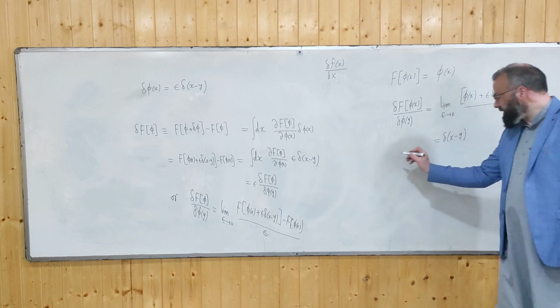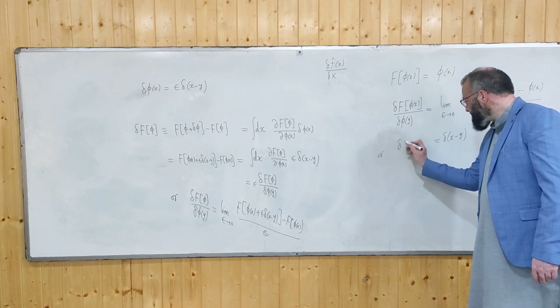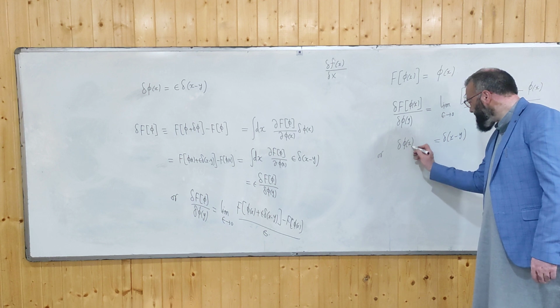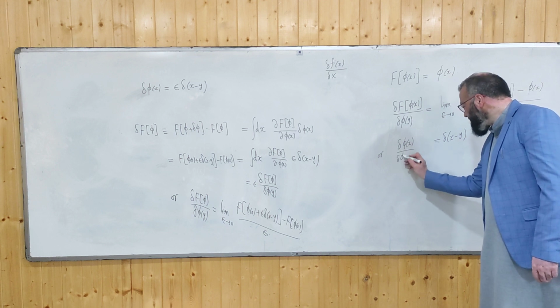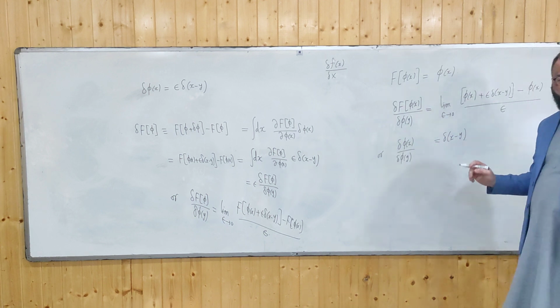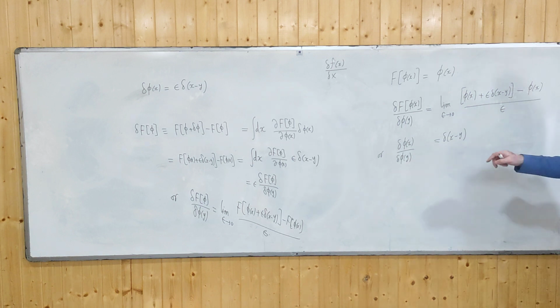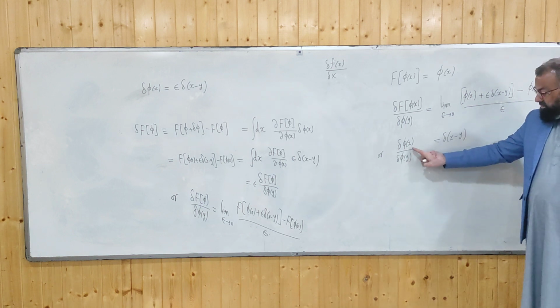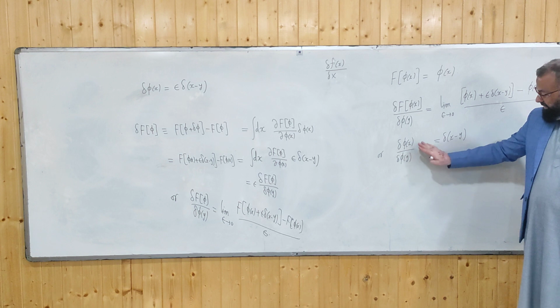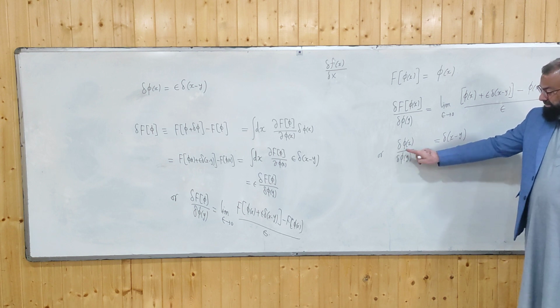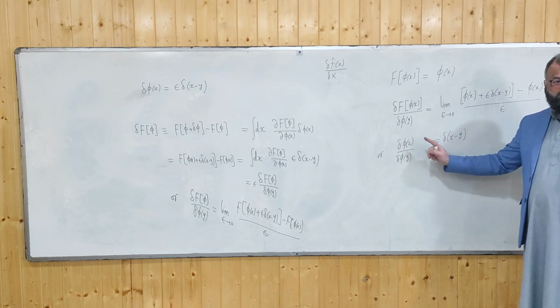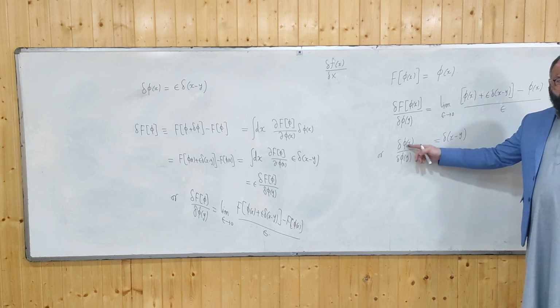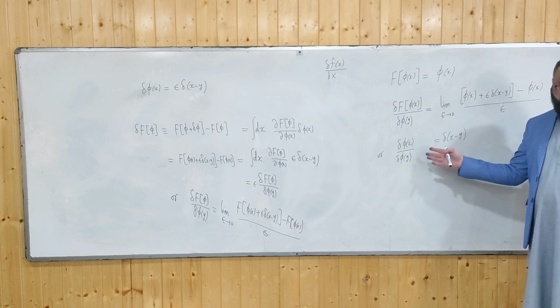So I am having the functional variation of phi with respect to phi. Look at the rule, this is a very important rule. If it had been delta x by delta x, that is 1. The differentiation of phi with respect to phi should be equal to 1.